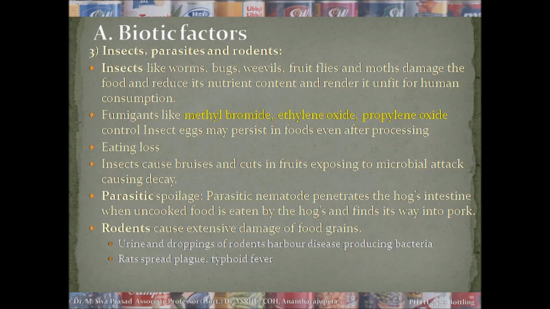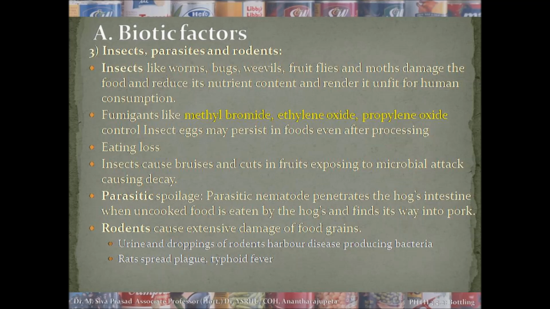Next come the parasites. These parasites, like nematodes, enter the system of domesticated pigs because of uncooked food, and they get into the food chain because they are retained in the food. Another damage is the spoilage caused by rodents.